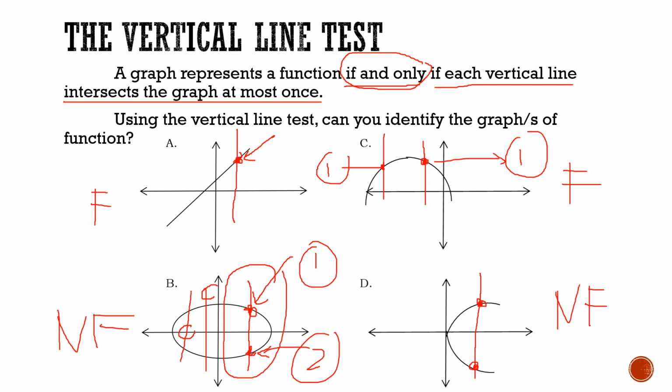Because once there are two or more points of intersection with a vertical line, one value of x is mapped to two or more values of y. That's a one-to-many relationship, which represents a relation but not a function.